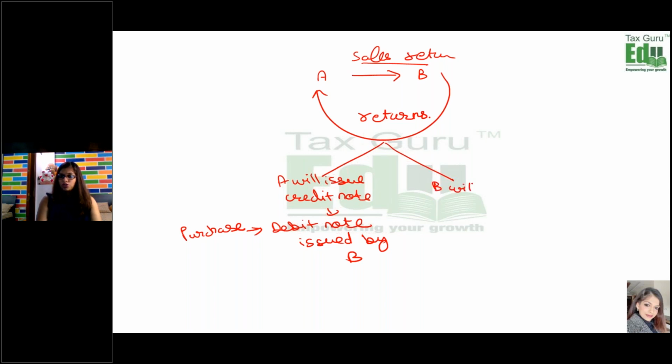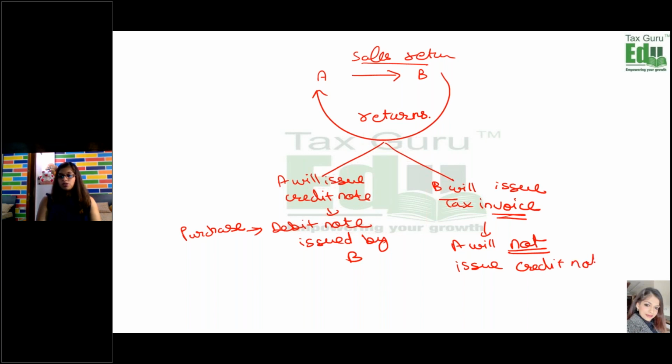Or B will issue a tax invoice. So when B will issue a tax invoice, A will not issue a credit note, because the GST accounting is done through this tax invoice.